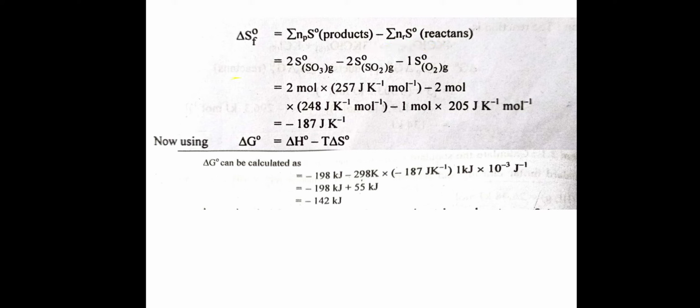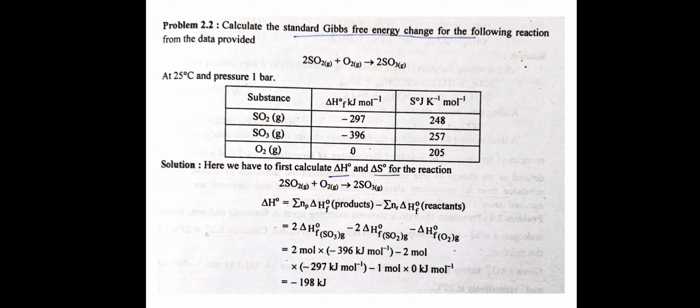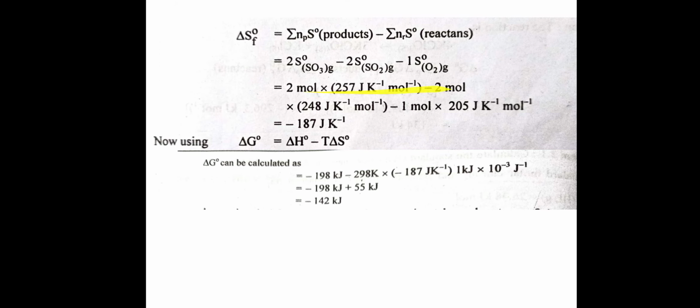So it is equal to 2 into S0 of SO3 gas minus, again 2 moles are there, therefore 2 into S0 of SO2 gas minus 1 into S0 of oxygen gas. By putting the respective values, we have all S0 values here, we have to take one by one and put into this equation. By solving this, we get minus 187 joules per Kelvin.